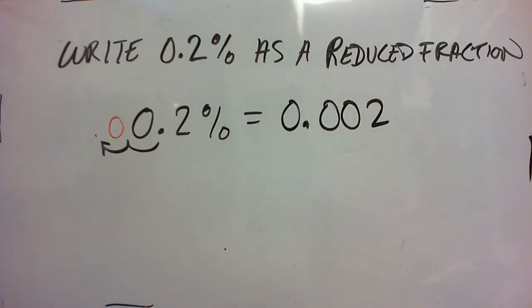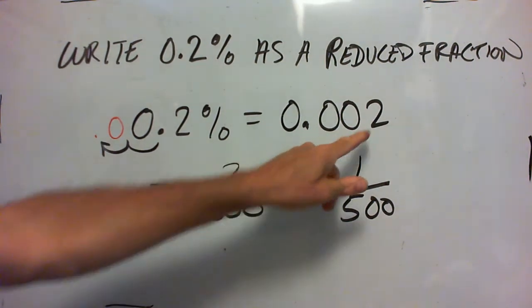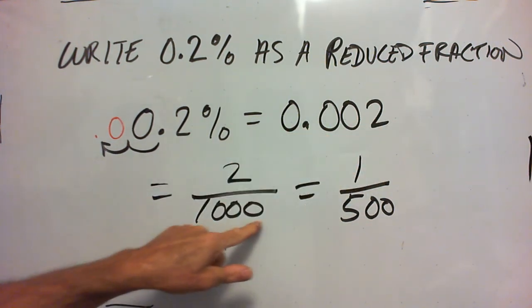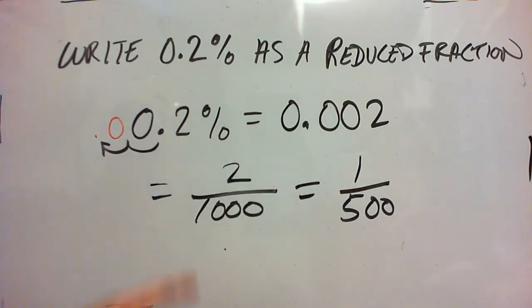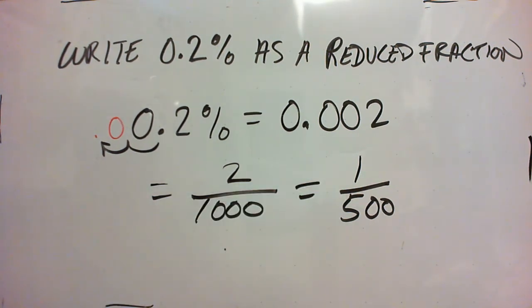So if you haven't done that correctly, rewrite that. Now turn that into a reduced fraction. So we place the 2 over 1 with 1, 2, 3 places, 3 zeros. Then we can just cut the numerator and denominator in half and write 1 over 500.